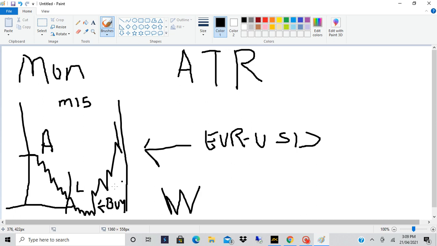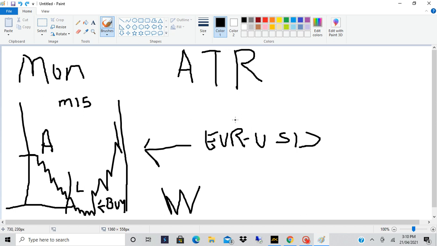Maybe I saw a W pattern here and I took my buy. What will be my exit? How long am I looking for? Am I seeing a support in this area here, or could I use the ATR to exit? So the majority of the time I use the ATR, which is the average true range, to exit my trade.